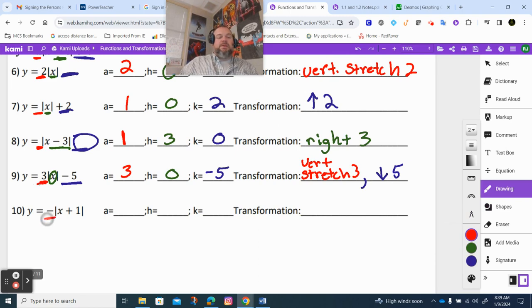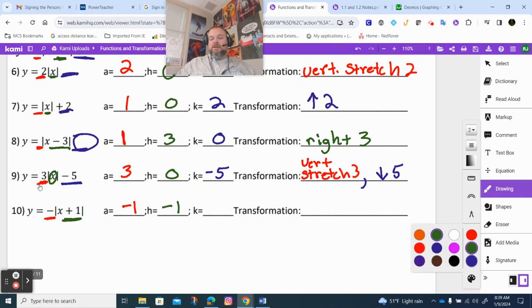Number 10. What number is there when it looks like this? Yes, -1. All right. This is the opposite. So what's the opposite of +1? -1. And what is written right here? 0. Awesome.